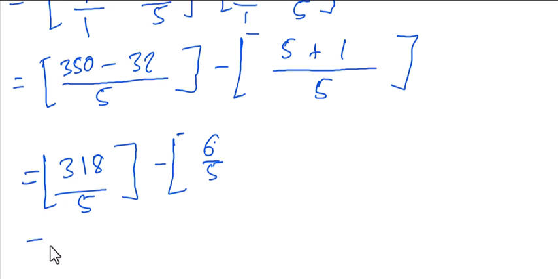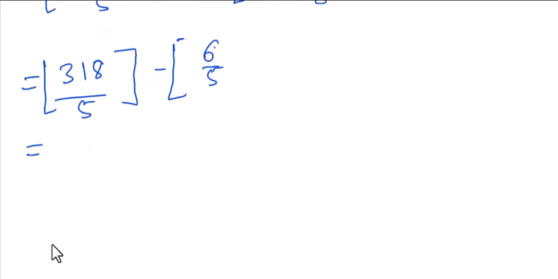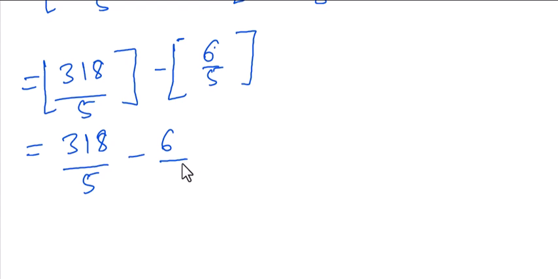Hence this is going to be like this. So from here we work out 318 over 5 minus 6 over 5. So we just subtract this.